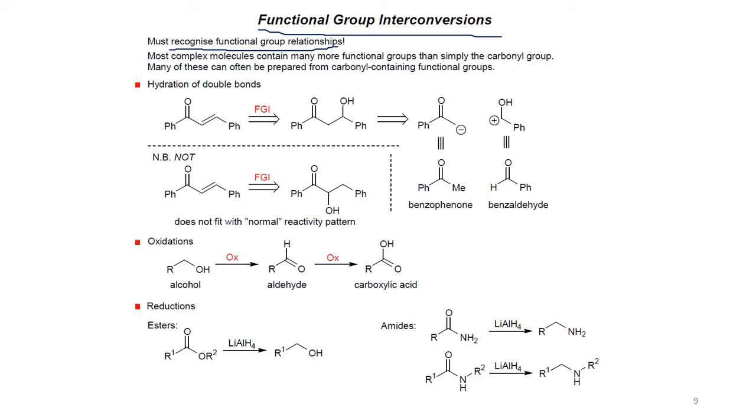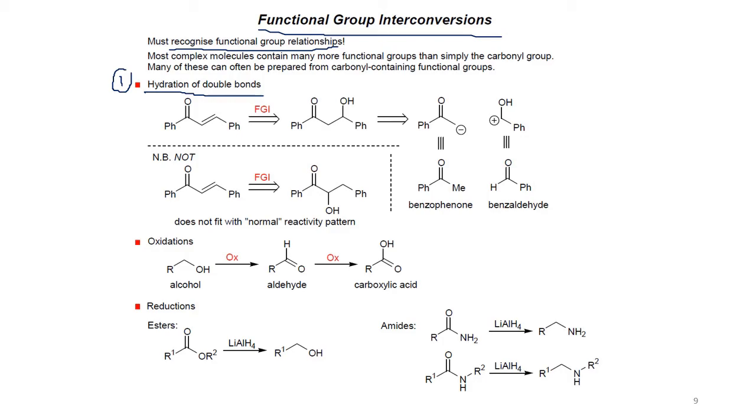Okay, for example, hydration of a double bond. We have a double bond, and then we want to turn this double bond into OH. So we can do FGI.